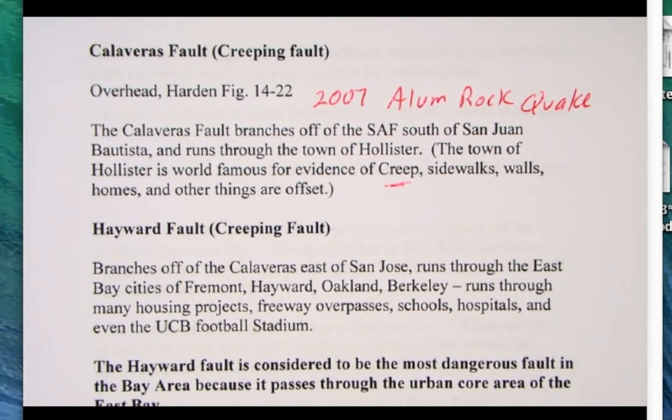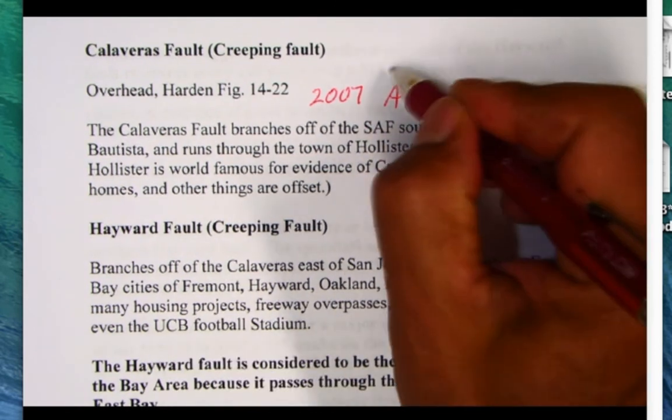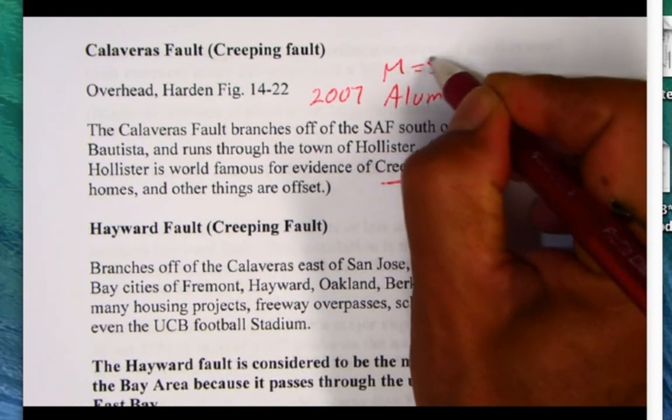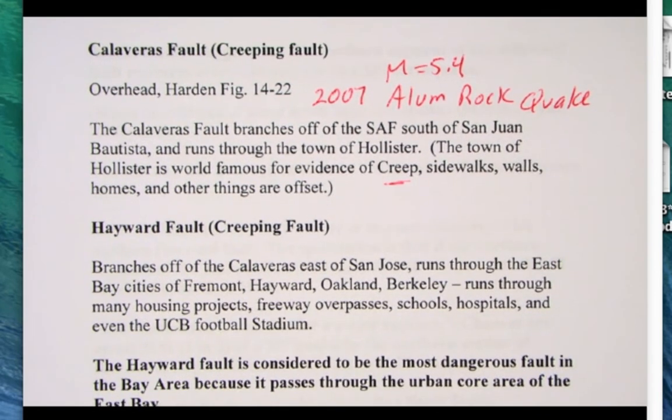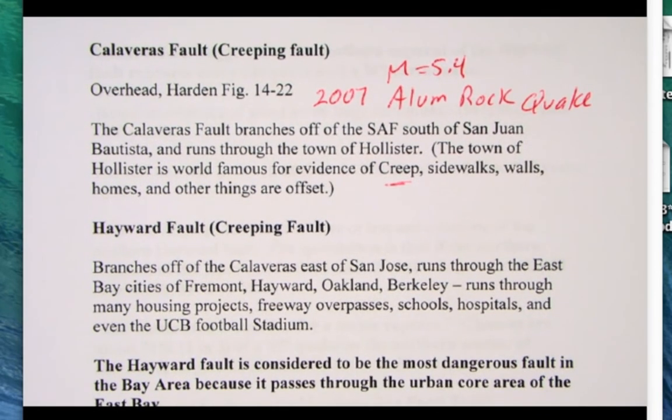It felt like you were on a boat, right? There was some damage in East San Jose, and that was a magnitude 5.4 quake. So there you go. Even though it's a creeping fault, it still has a potential for larger magnitude earthquakes.